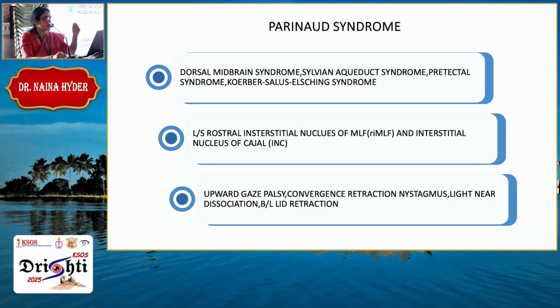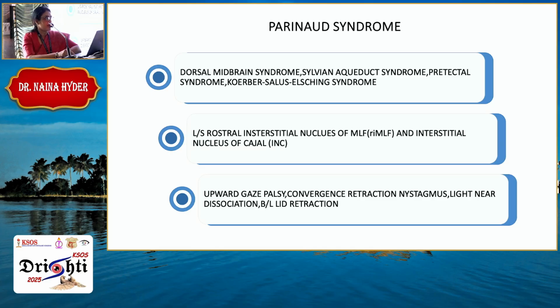So another condition is Parinaud's syndrome. We have different names; I think for the PGs it'll be confusing and interesting: dorsal midbrain syndrome, Sylvian aqueduct syndrome, pretectal syndrome. And here the vertical gaze center is affected.